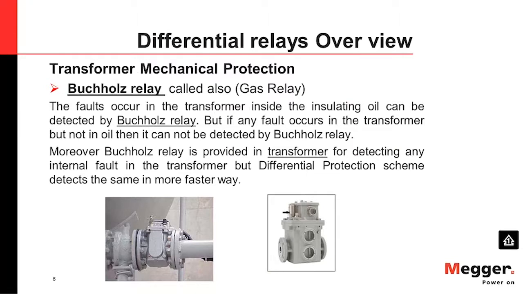I have brought a picture here to show even the location, which is between the conservator and the main tank. It detects oil if we have low oil, or a lot of gas because of an interturn short inside. This relay has two contacts mainly: one for alarm, to alert the operation that there is a problem, and the other contact will trip the transformer in case of a problem inside the transformer.